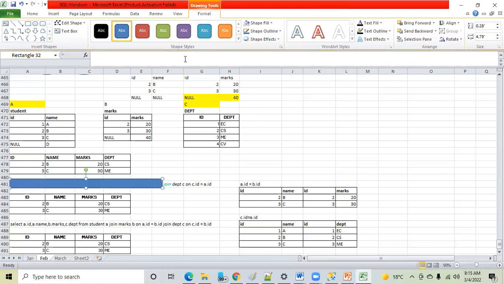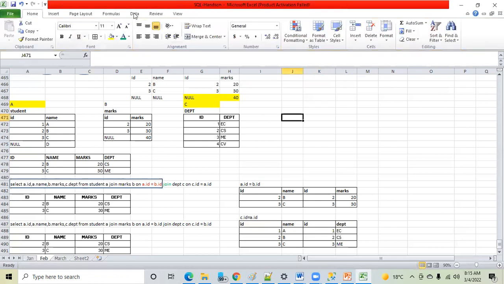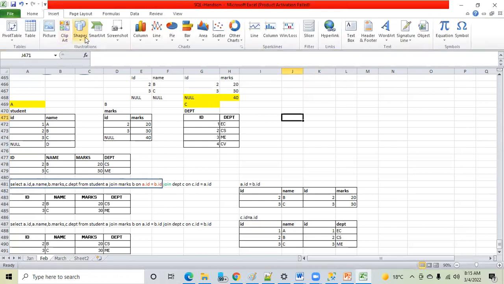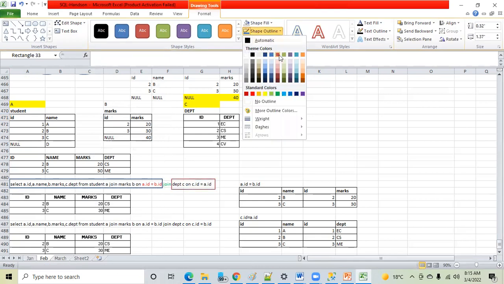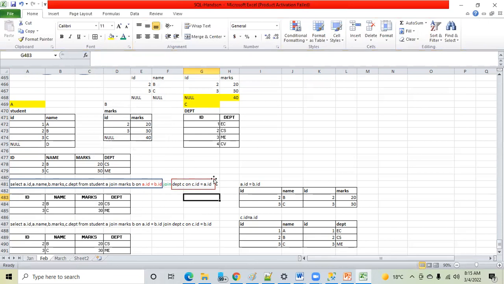This is one area, and then you have one more area, another area. So assume it like this.